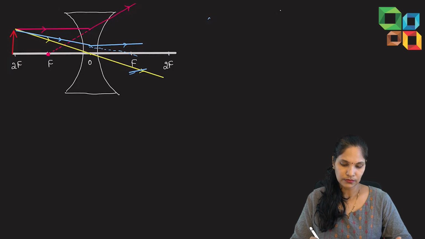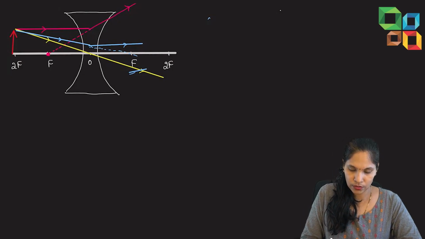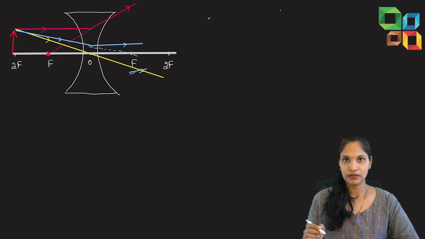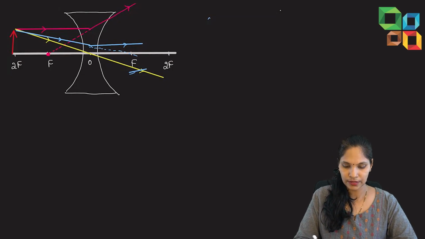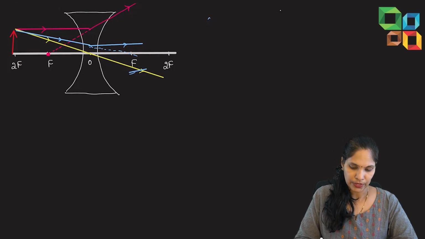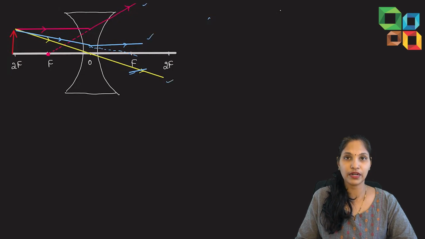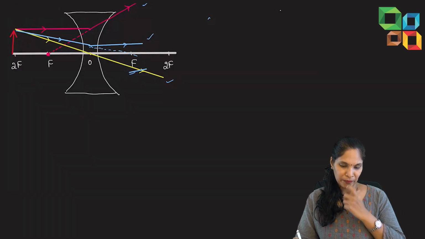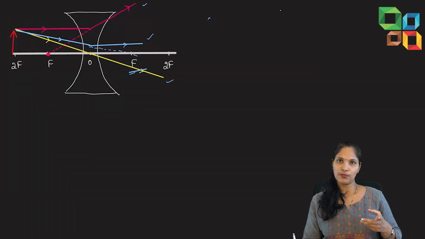Okay. So now, where are the refracted rays meeting? That point is the image, right? If you see, this is one refracted ray, this is one refracted ray, this is one refracted ray. The three rays are not meeting at all on the right side. That means we have to make them meet somehow.